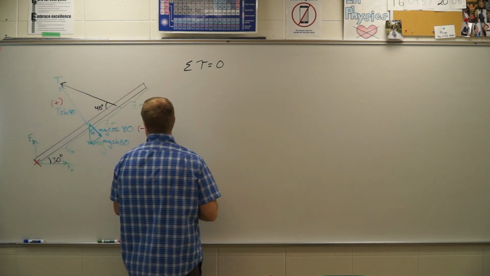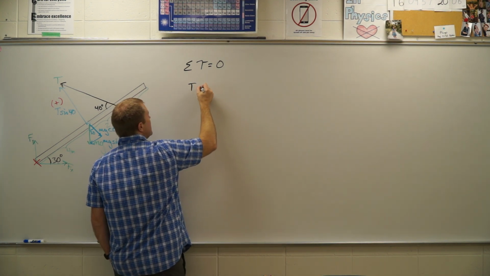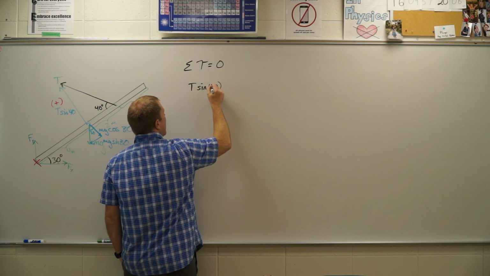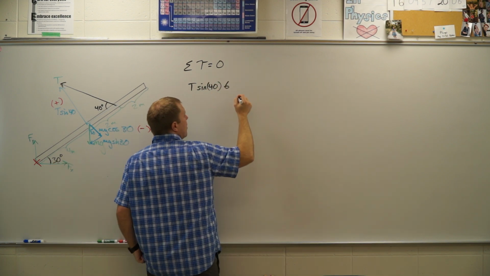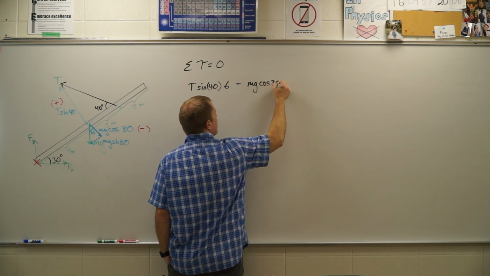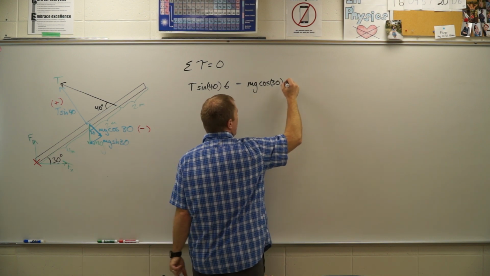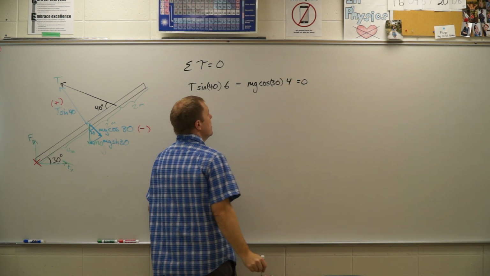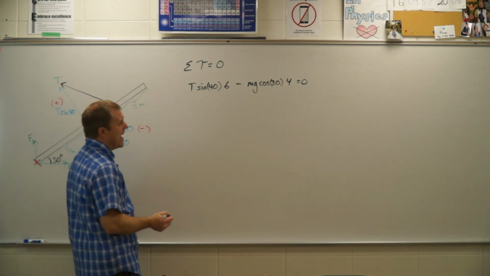Let's generate that equation. So I have mg, well, let's do the other one first. T sine 40 times how far away it is from my axis of rotation, so it's 6 away, minus mg cosine of 30 times how far away it is from the axis of rotation, it's 4, equals 0. So given that information, I should be able to solve for tension.